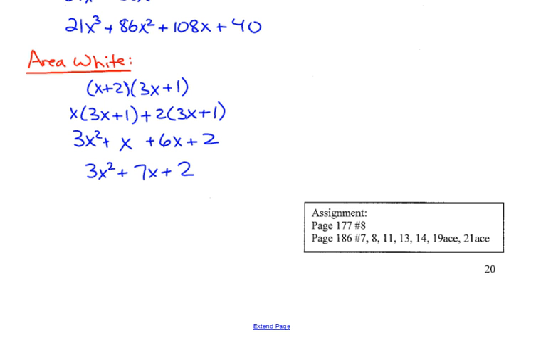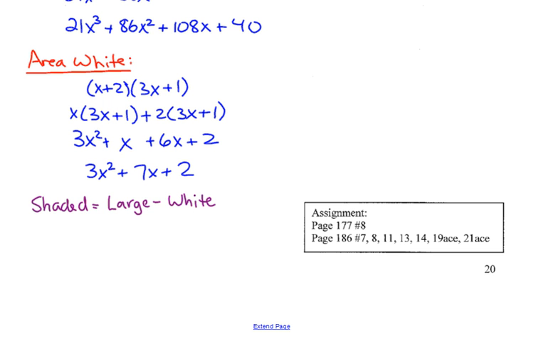When you're done, see if you get the same thing. So you should get 3x squared plus 7x plus 2.